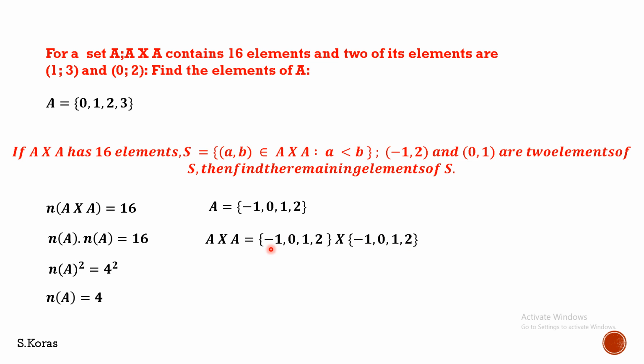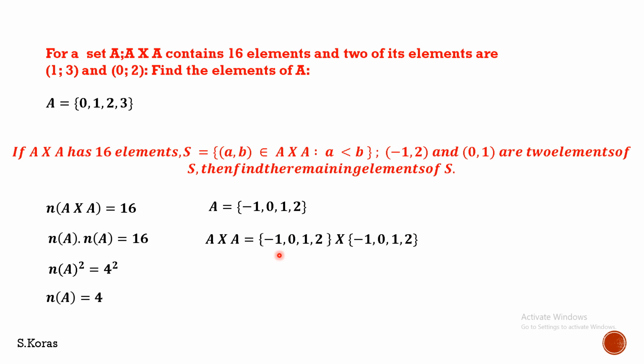So I have to choose a number. If I choose minus 1 from the front set, then I have to choose a number from the back set which is greater than minus 1. So except minus 1, 0 is greater than minus 1, 1 is greater than minus 1, and 2 is also greater than minus 1. So for S we can choose minus 1 comma 0, minus 1 comma 1, minus 1 comma 2.